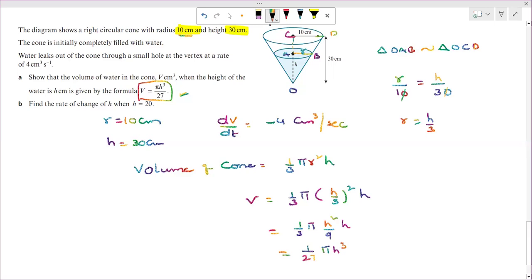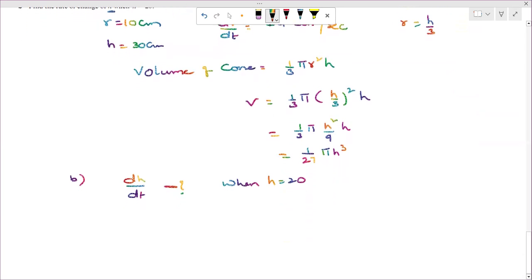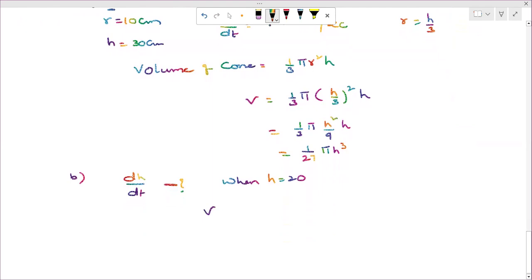Next, find the rate of change in h, meaning we need to find dh/dt, when h equals 20. Already dV/dt is given, so you can apply that. V is given as 1 by 27 pi h cube.